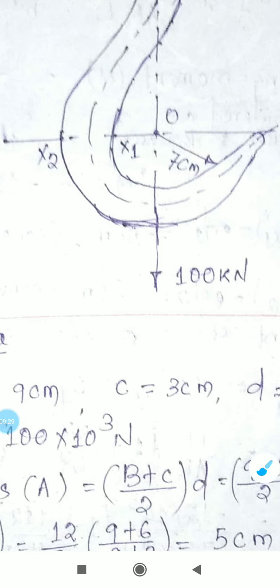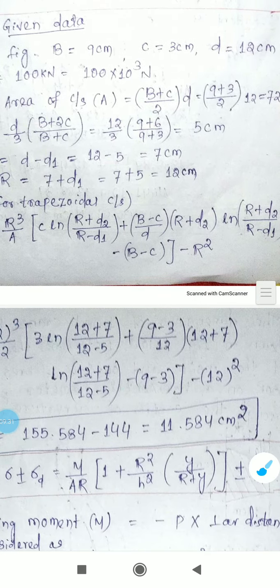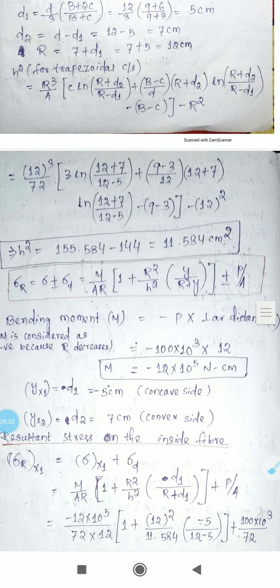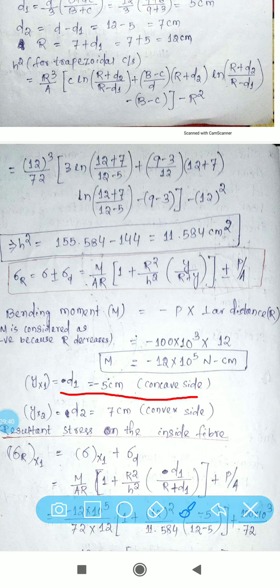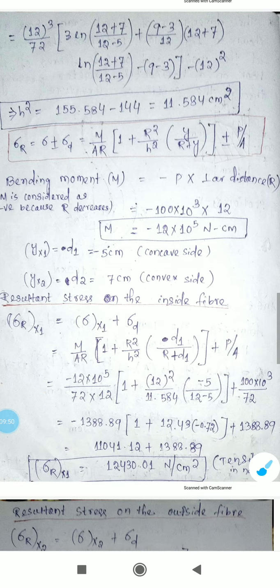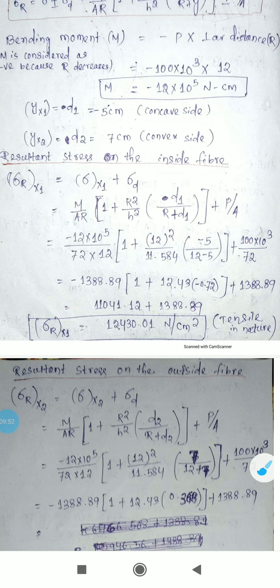The D1 value is 5 centimeter and the D2 value is 7 centimeter. So D1 is minus 5 centimeter and D2 is positive 7 centimeter, because D1 is situated on the concave side and D2 is situated on the convex side.